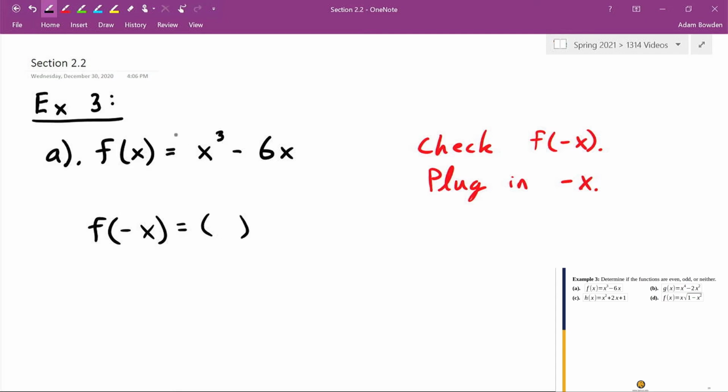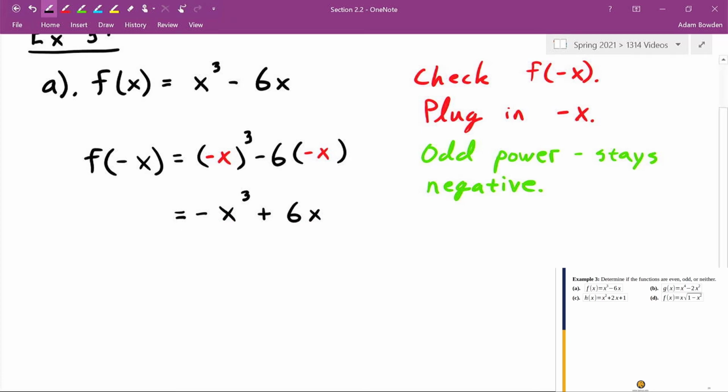Here we're going to replace the x with negative x, and so it would go negative x cubed minus 6 times negative x. Whenever I raise a negative thing to an odd power like the third power, it's going to stay negative. So this is going to be negative x to the third power. And negative 6 times negative x will be plus 6x.